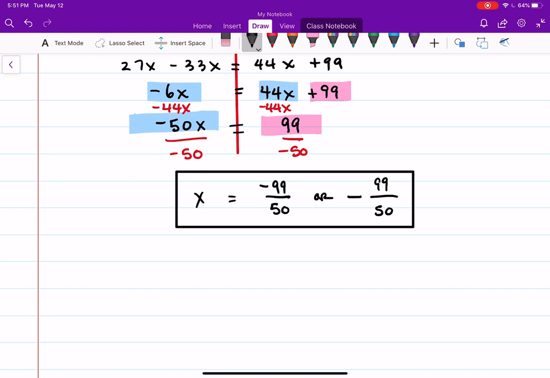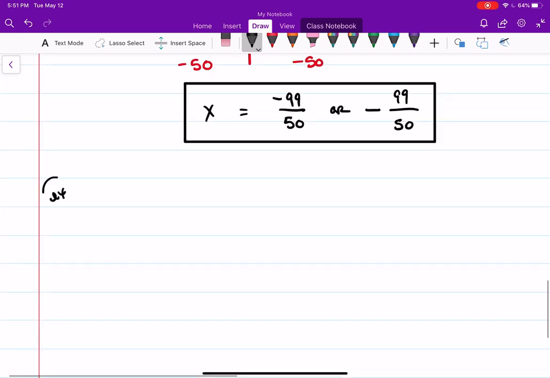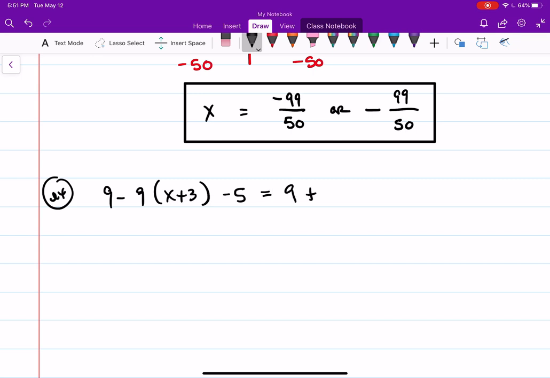Let's make this our last example because I like this one. 9 minus 9 times x plus 3 minus 5 equals 9 plus 3 times 9 plus 3, minus 3x minus 81.